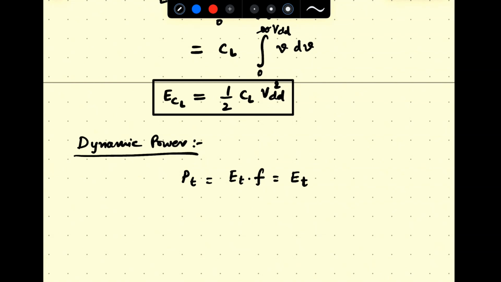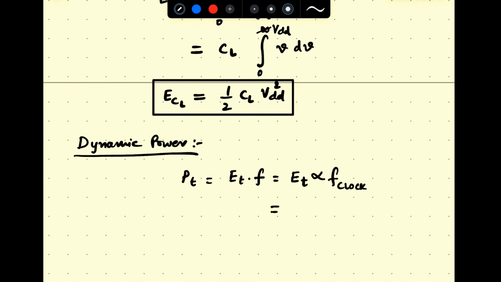So in a stream of ones and zeros, you may sometimes have more transitions from 1 to 0 than 0 to 1. As a result, you don't really know what is the probability of these transitions. So let's assume the probability of these transitions is alpha, which is between 0 and 1. And then you can multiply this by f clock.